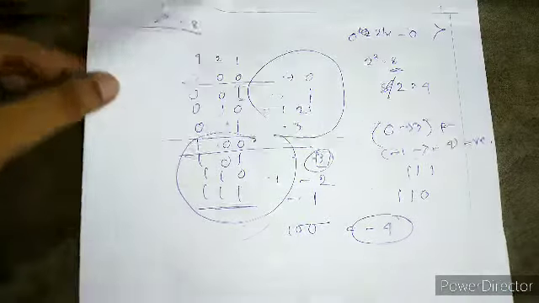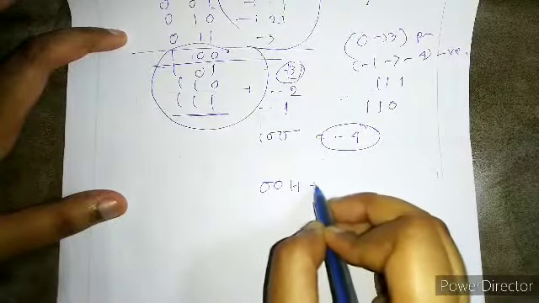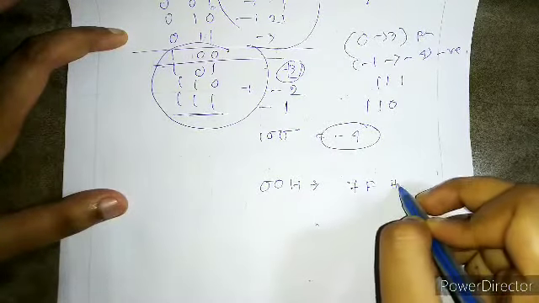In the same case, if we do that with the 8-bit format, 00H to 7FH are positive numbers.